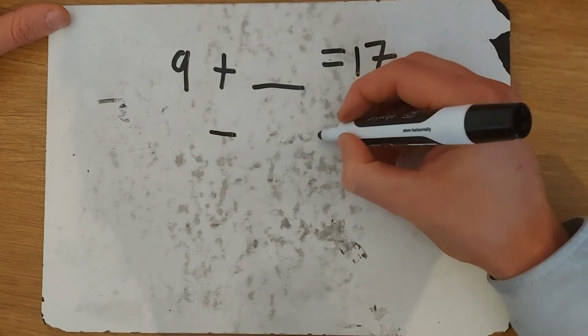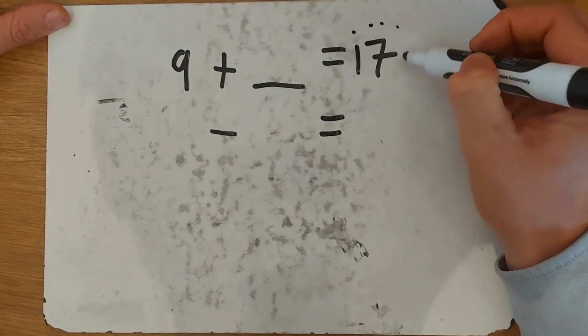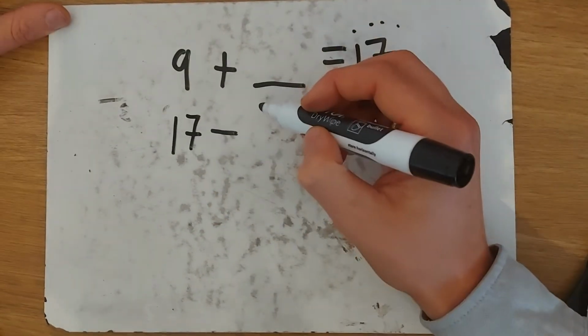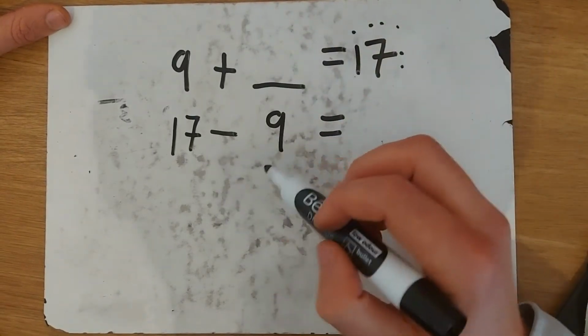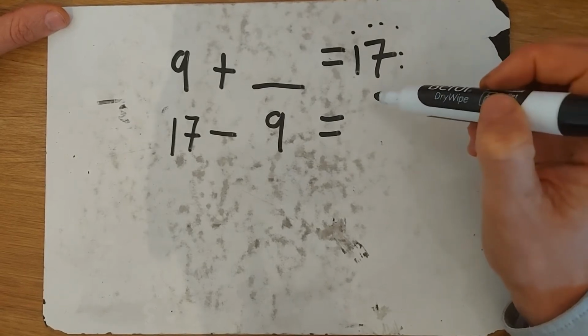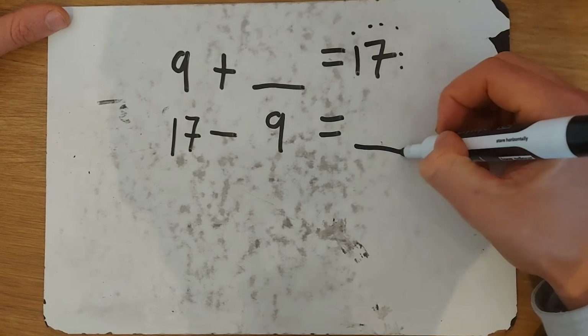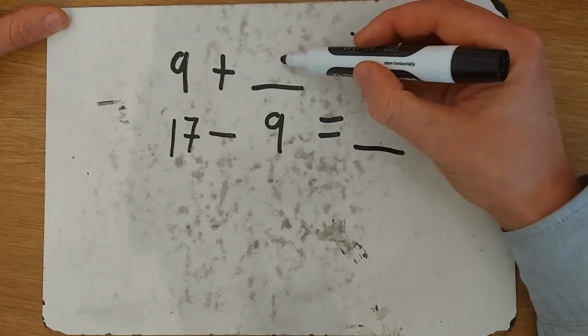So let's put that take away symbol in, and then if we're doing the inverse, we know that this 17 needs to now go here, and this 9 needs to go here. Now I've done the inverse of that number sentence. And the answer I get here is actually the number that should go here.